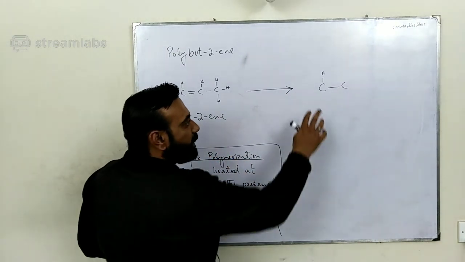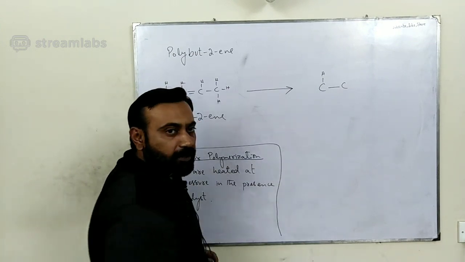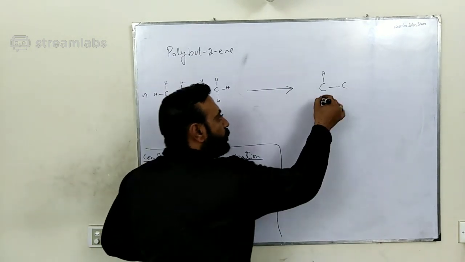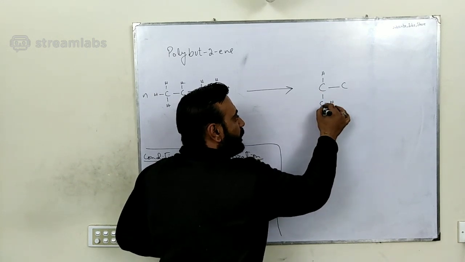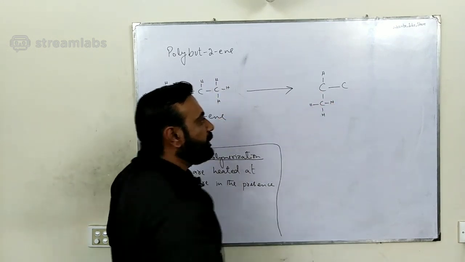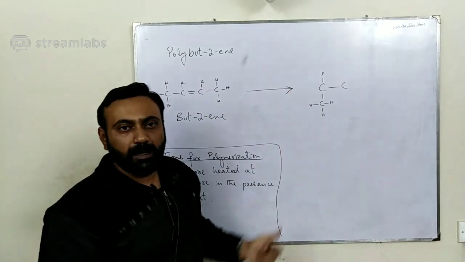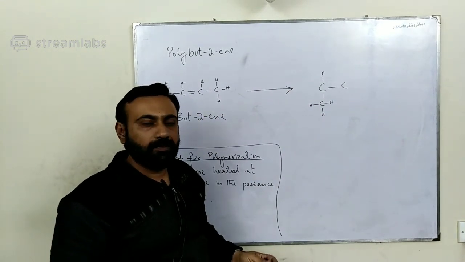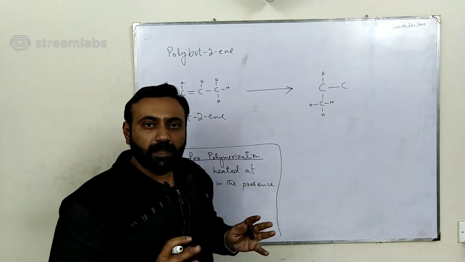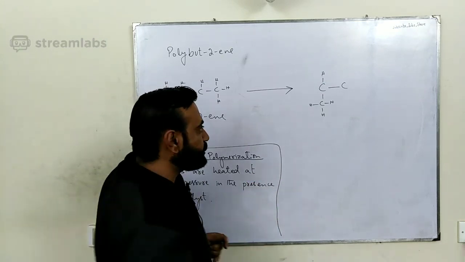I cannot write that CH3 group on the left side of this carbon atom. I will have to draw it at the bottom. Again, it doesn't matter bottom or top, but you cannot draw any of these radicals on either the left or the right side of the carbon atom when you are constructing the structure of a polymer.